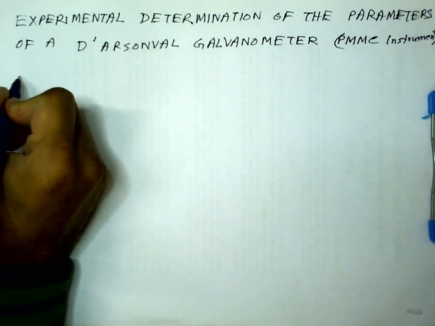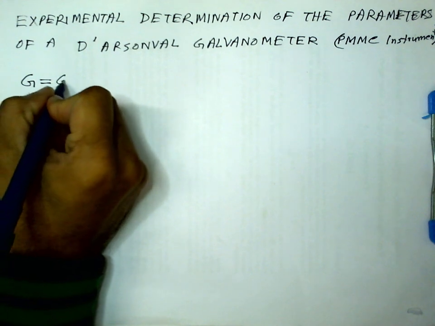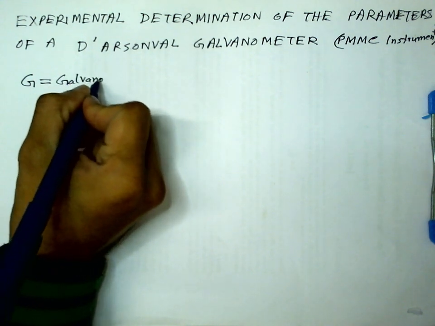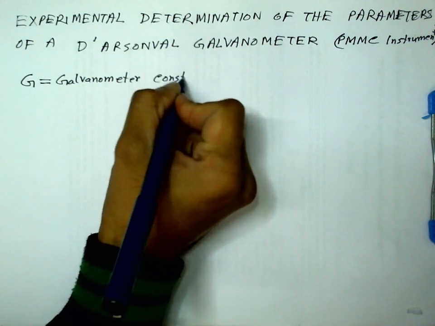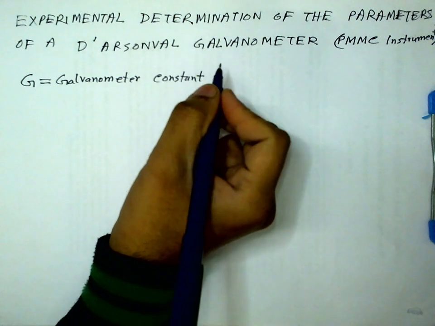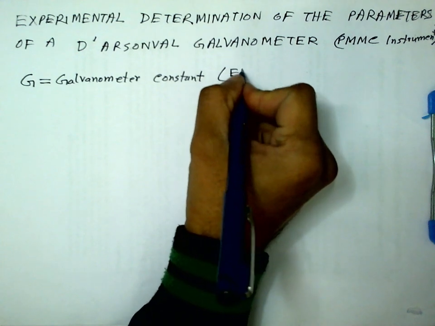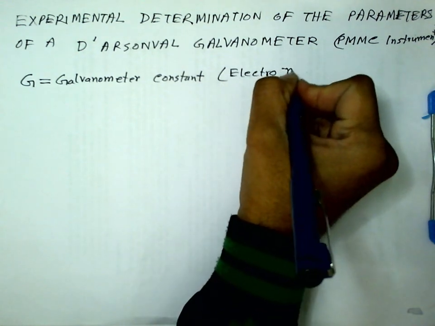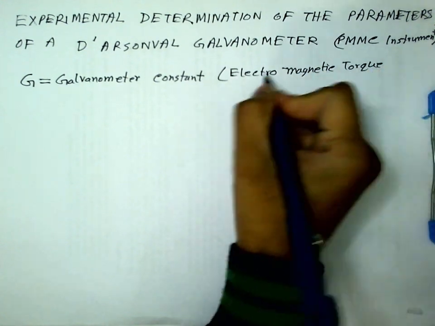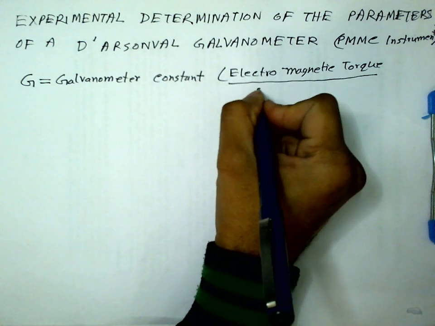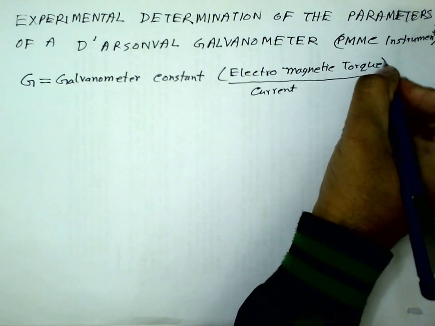We will use this notation. We will use G to denote the galvanometer constant, which is basically electromagnetic torque per unit current flowing through the coil.